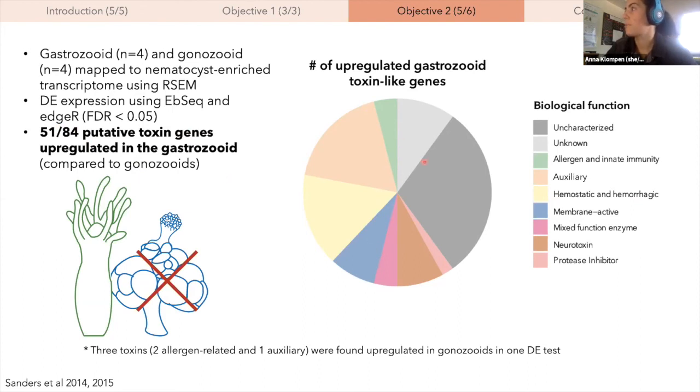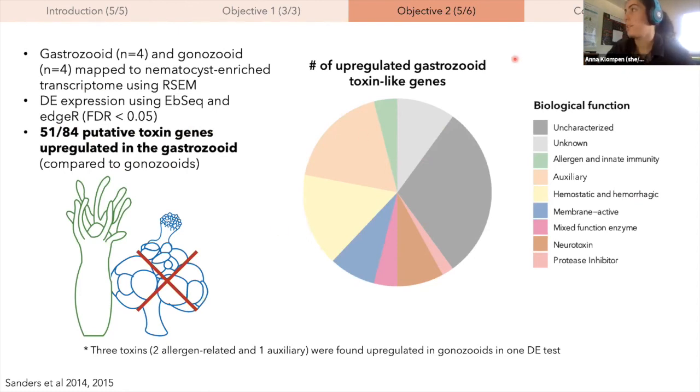It pretty nicely reflects that full tissue transcriptome that I got before of what was upregulated in gastrozooids. I think this stinging cell transcriptome is pretty robustly capturing putative toxin-like genes. Why the gonozooids in this case didn't have many upregulated genes, I'm not sure.